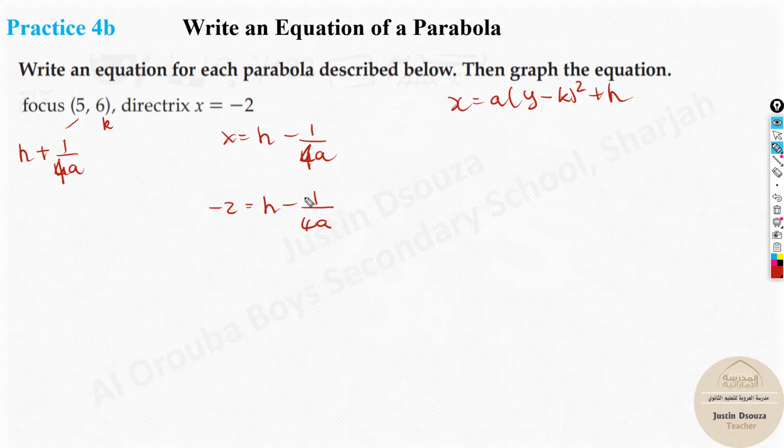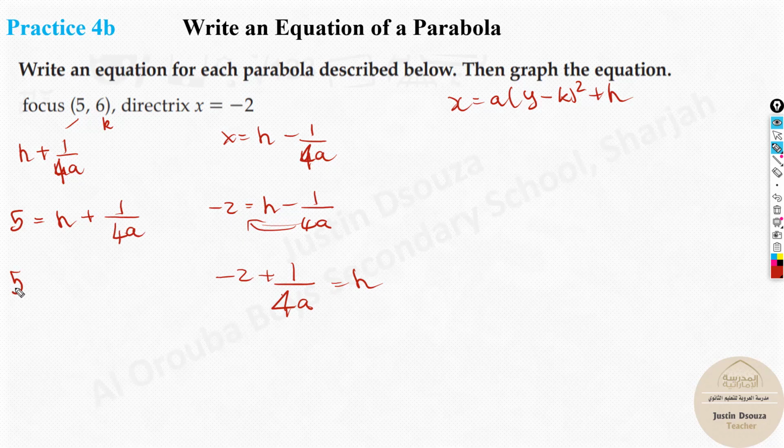So I'll leave this h over here and take this entire thing to the other side. It'll be minus 2 plus 1 by 4a is equal to h. Now we have two unknowns, a and h. But what I can do is use the equation here: 5 is equal to h plus 1 by 4a.